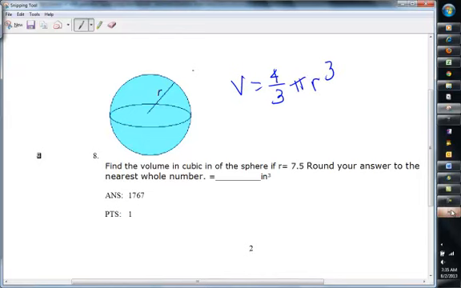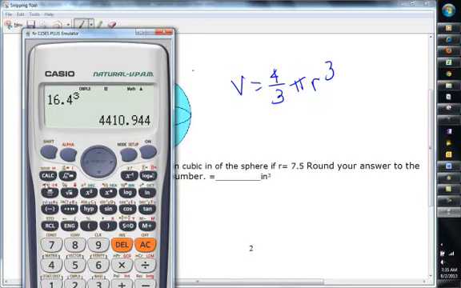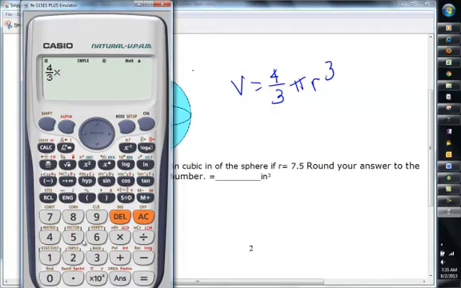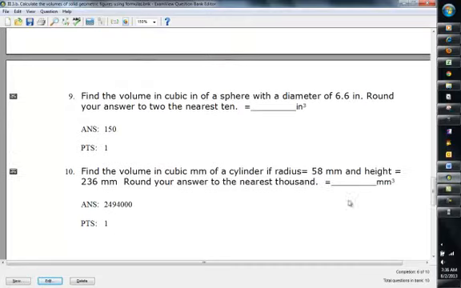So in this case, we've got our fraction key. 4/3 times pi times r, which is 7.5 to the third, and we get 1767, round to the nearest whole number.